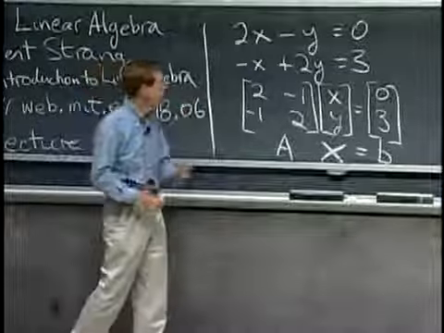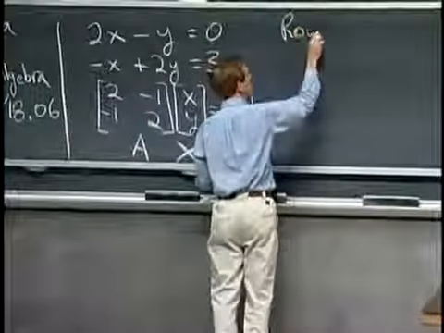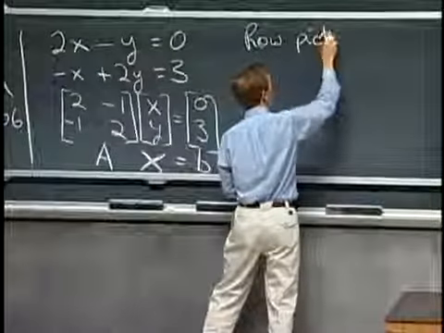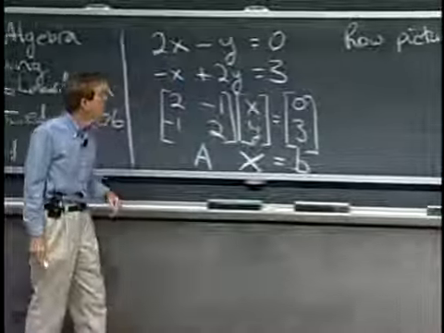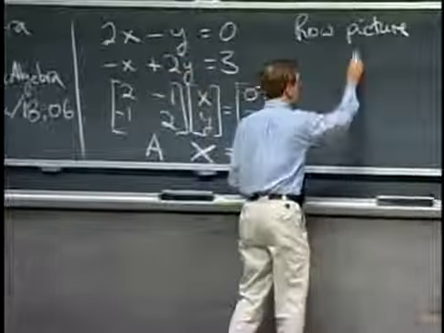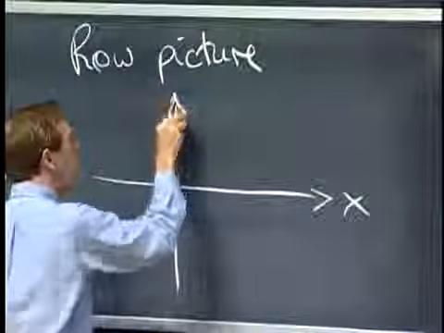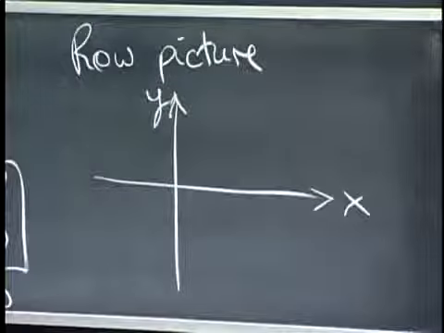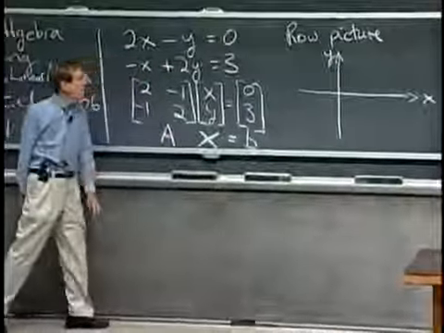Okay, what's the picture for this example? The row picture. Okay, so here comes the row picture. So that means I take 1 row at a time, and I'm drawing here the xy plane, and I'm going to plot all the points that satisfy that first equation.